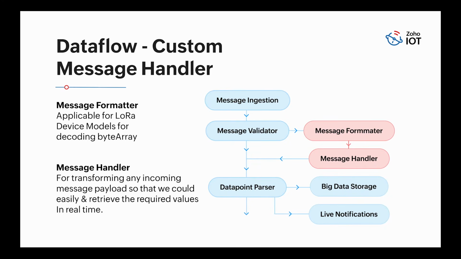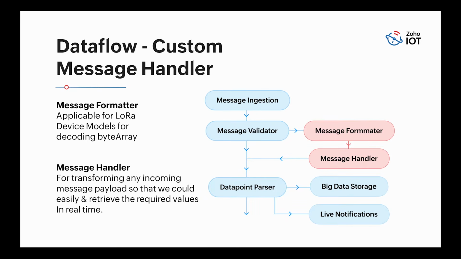LoRa sensors send the data as compact binary messages as byte arrays, and these need to be decoded and converted into a JSON structure first before we are able to understand and parse them. So the first stage for a LoRa device would be that message formatter.